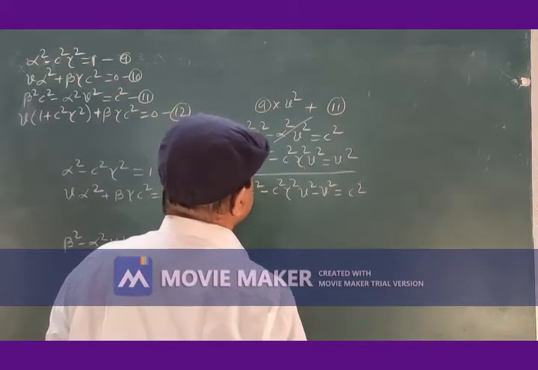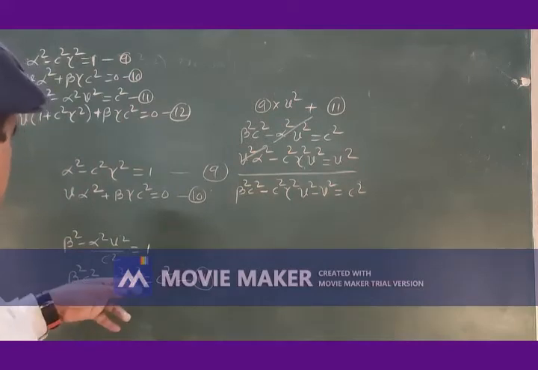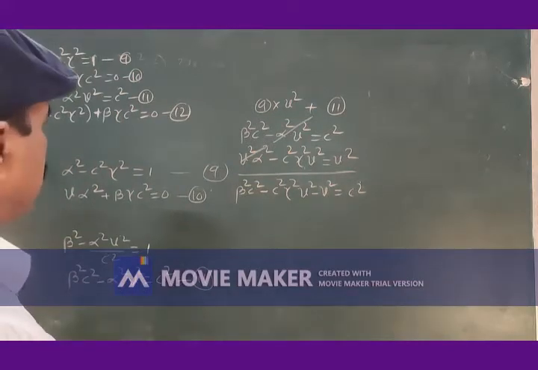Then v square, it is correct; c square, it is correct; those things get cancelled.